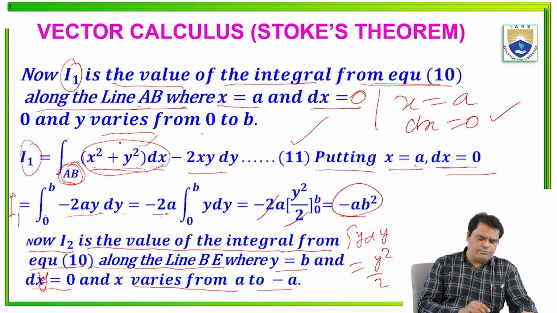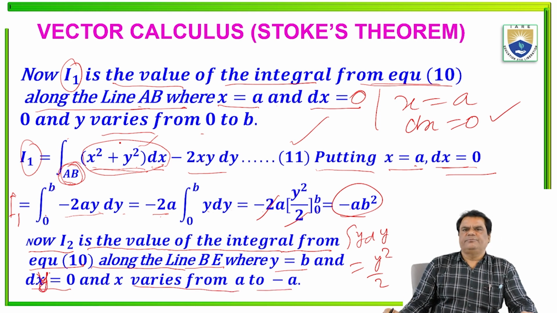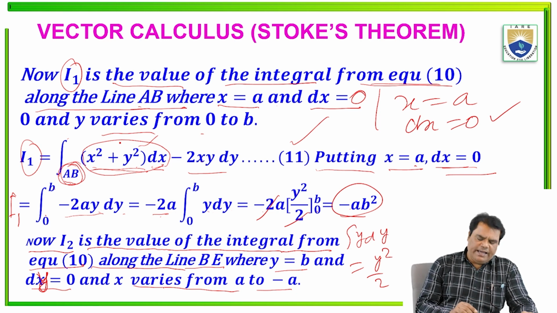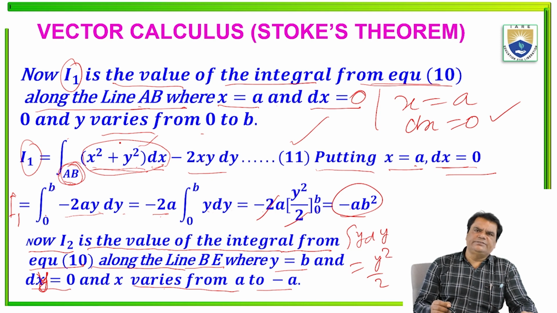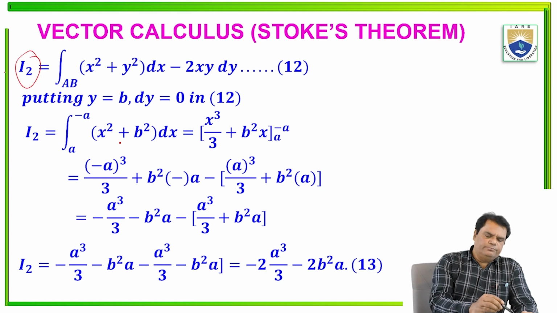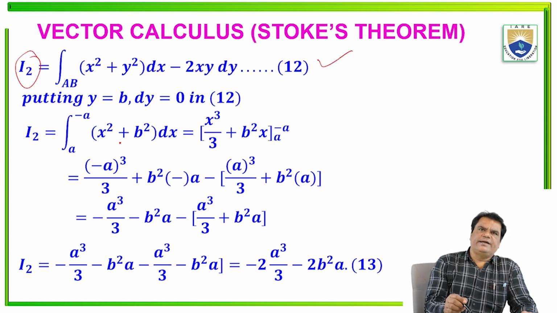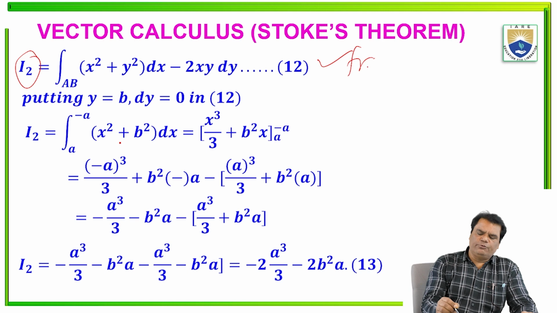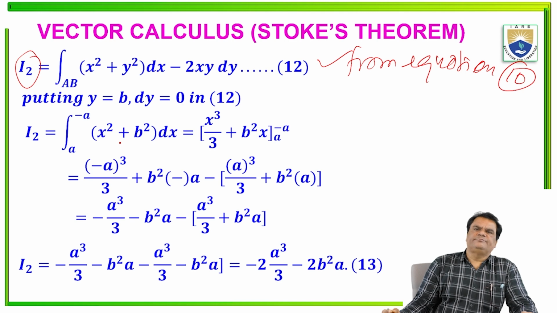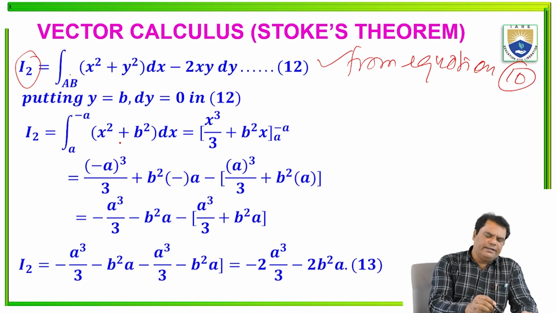So the limit of x is a to minus a. For I2, I am taking from equation 10 along BE.